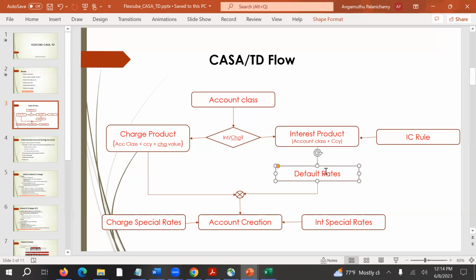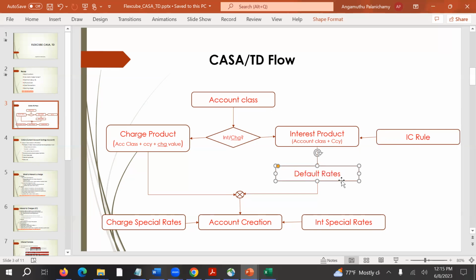There we have to mention the effective date, what is the rate, and that is the default rate. So whenever my account is getting created, at the end of day, system will automatically in the internal tables resolve this interest product and will resolve the rate also. This completes what is needed to calculate the interest.